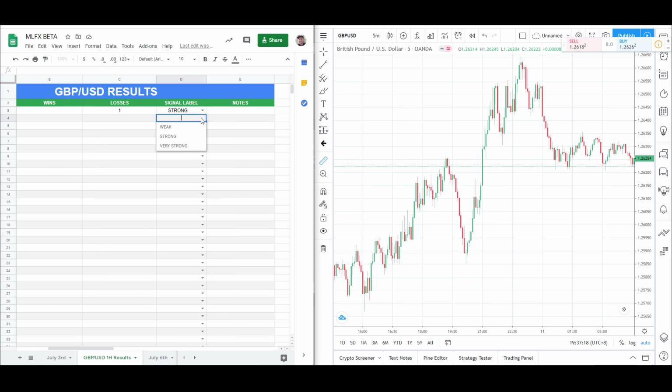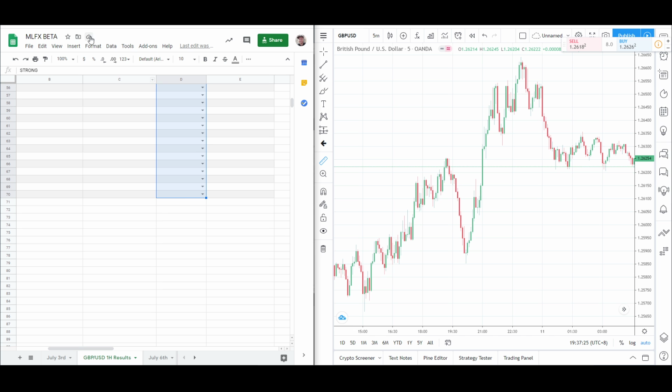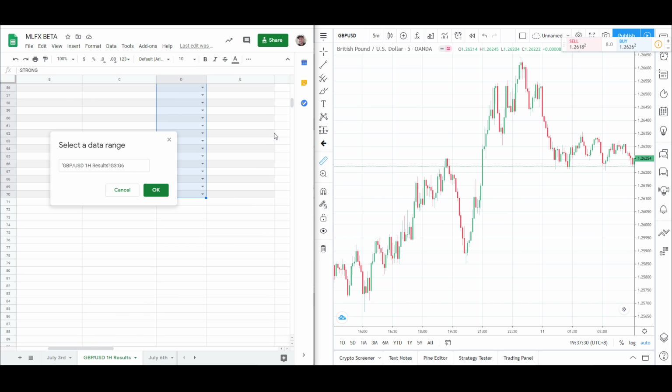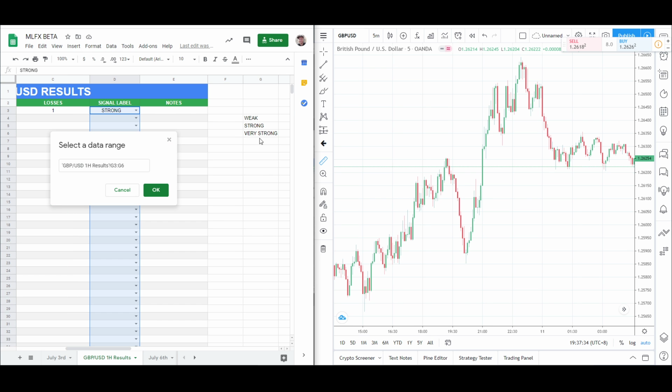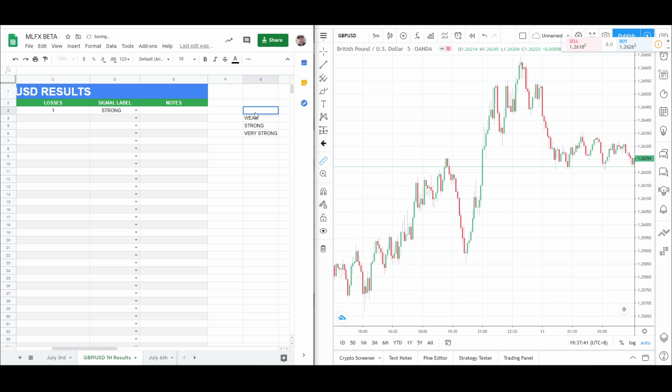Does that have all of them? Where's the very weak? Let me just fix that very quickly with the data validation. Okay, so I've got 4, but let me just save that and then enter. Very weak. There we go.